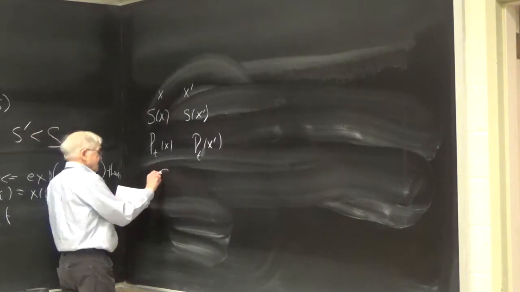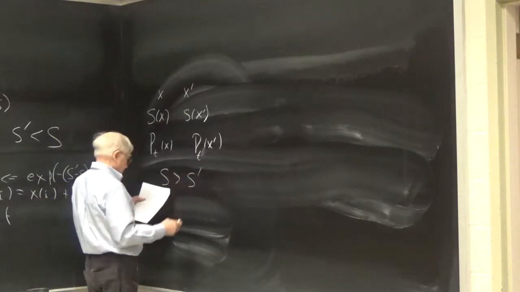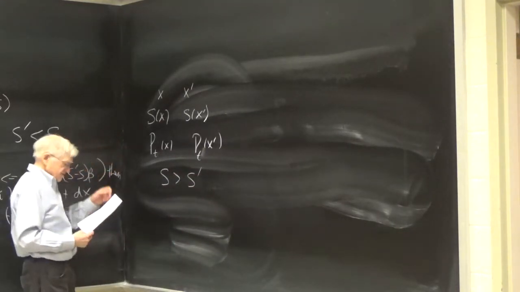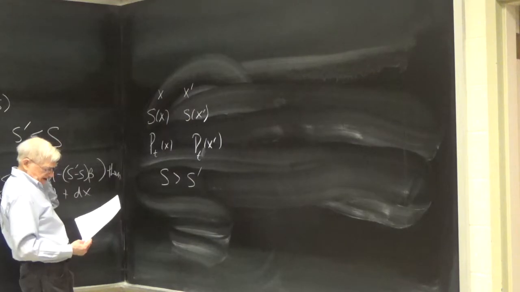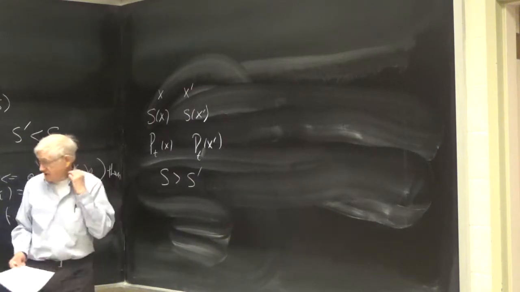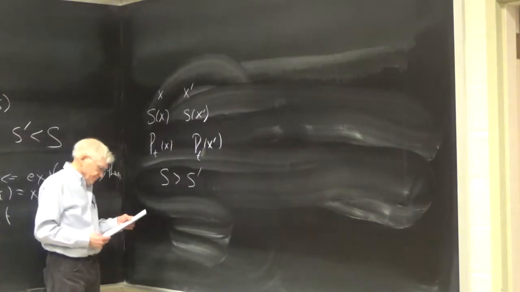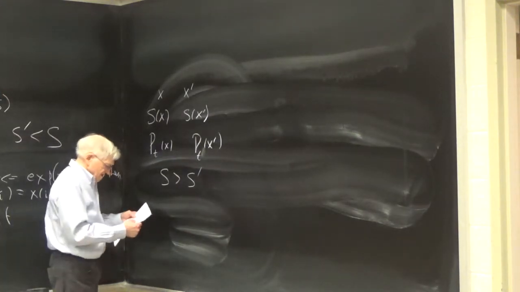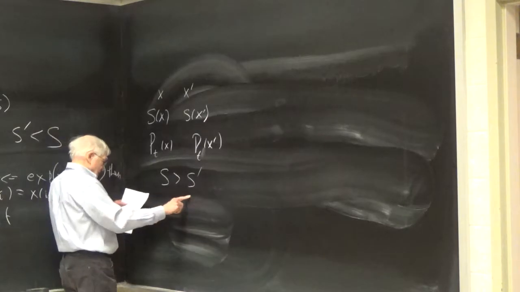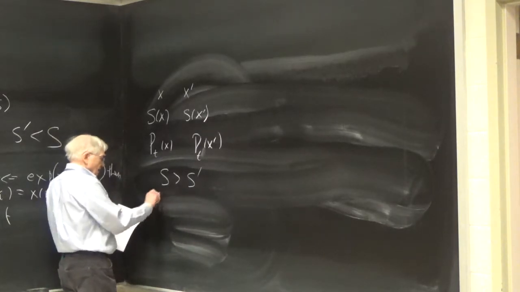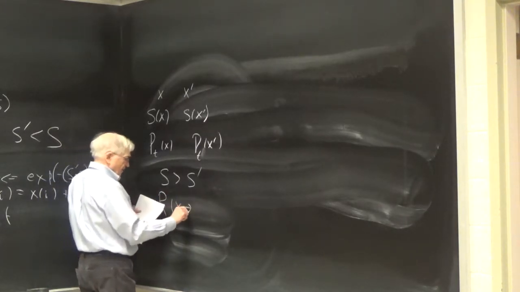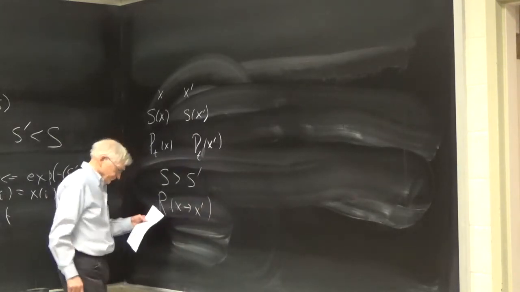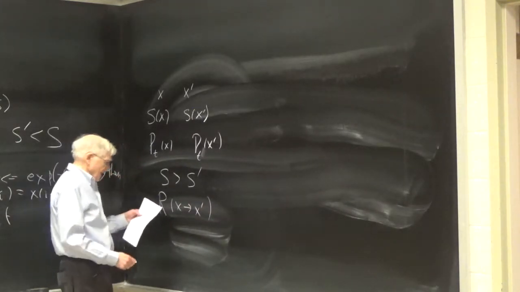Now, let's suppose that S is greater than S prime. In my notes here, I was using energy instead of Euclidean action. And of course, energy is qualitatively the same. So, if S is greater than S prime, then the rate, r, to go from x to x prime is first of all the rate v.